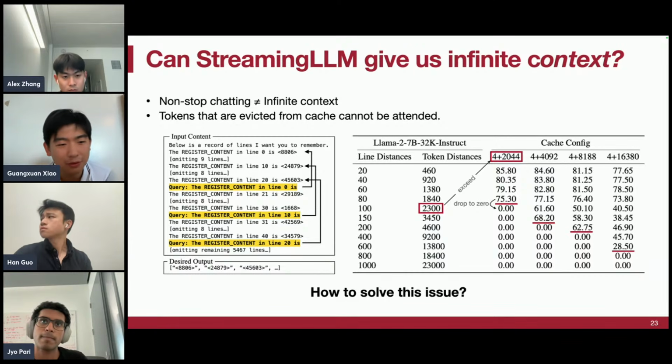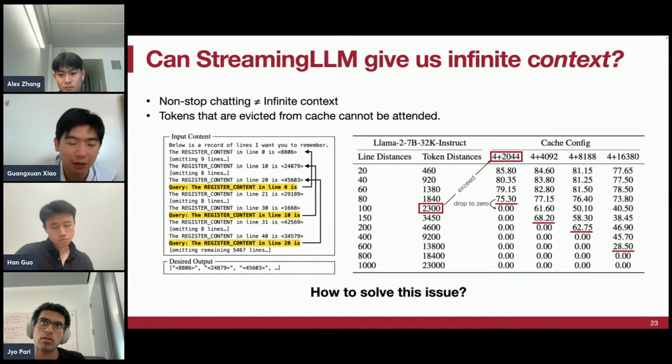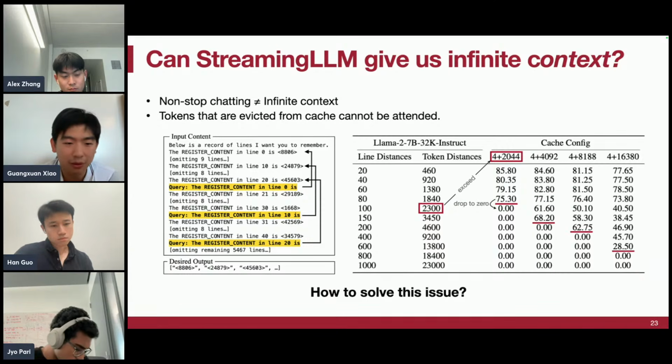So if the model wants to learn something, it will try to restore that degree of freedom by dumping something and making something one, so that the remaining part has a degree of freedom equal to n-1. So why not just use an attention sink? You give the model a redundant token and let the model freely model the remaining. I think that's a pretty nice approach to solve this issue.